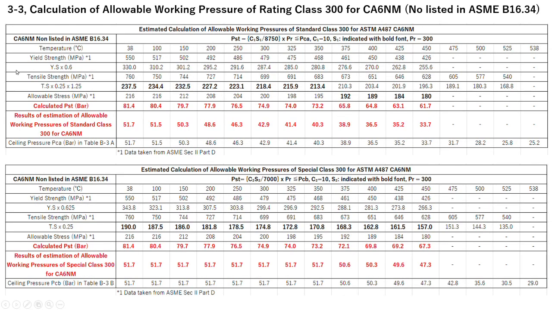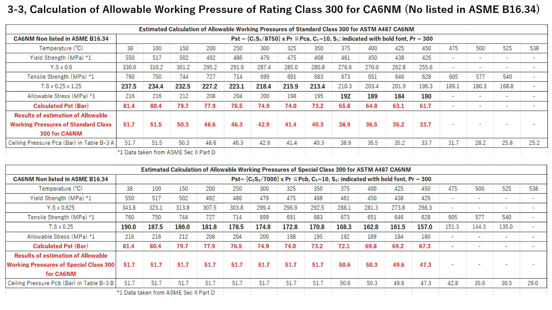So next we try to calculate the allowable working pressure of rating class 300 for CA6NM casting. This casting material is not listed in ASME B16.34.